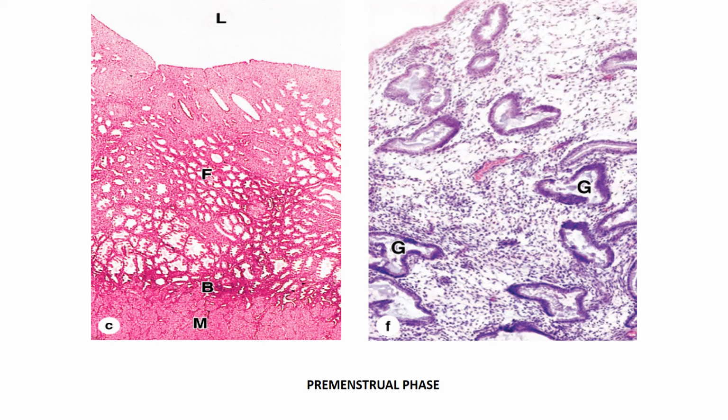It happens in the absence of fertilization or embryonic implantation: the corpus luteum regresses and the circulating levels of progesterone as well as estrogen diminish.